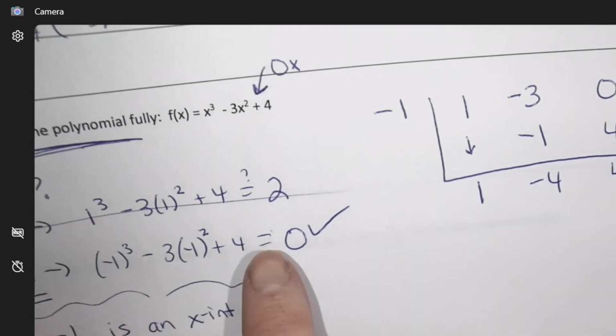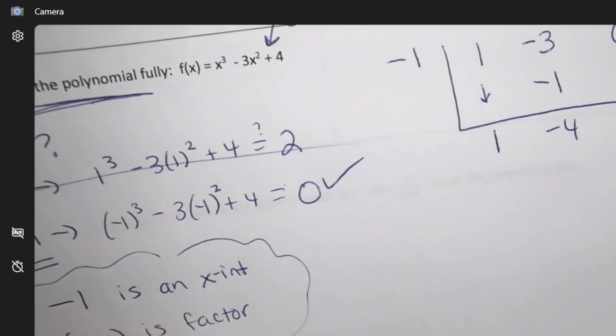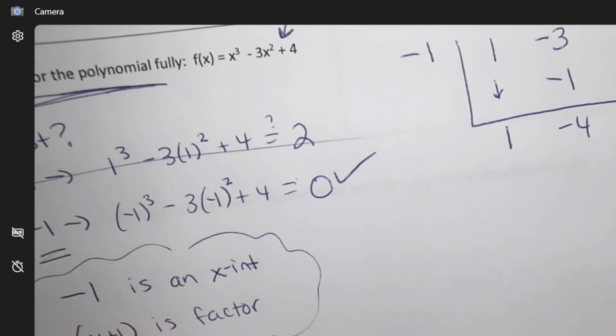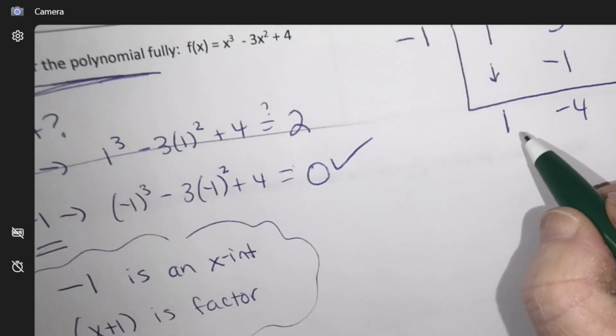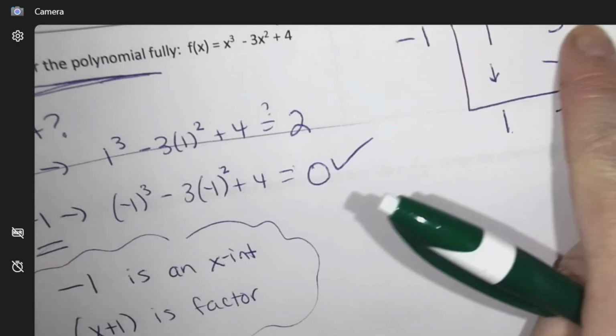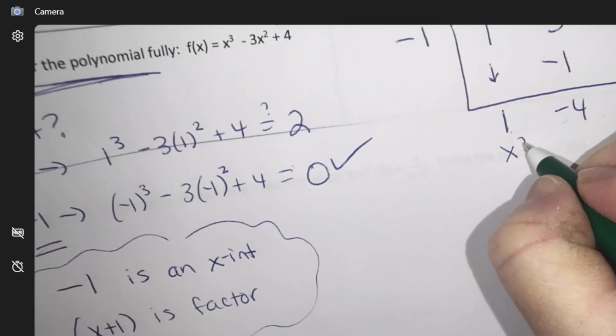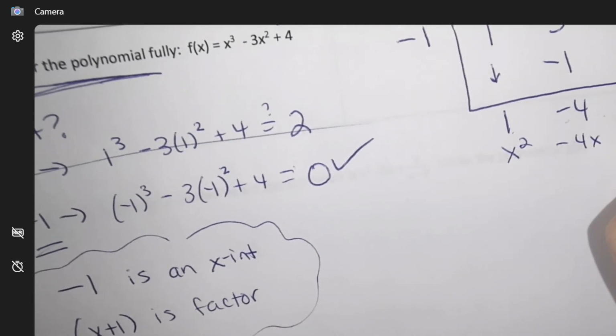We already had shown that that was going to be 0. Okay, so what is this here? Remember what we were doing? We were doing this as a cubic divided by an x, so this is an x squared.